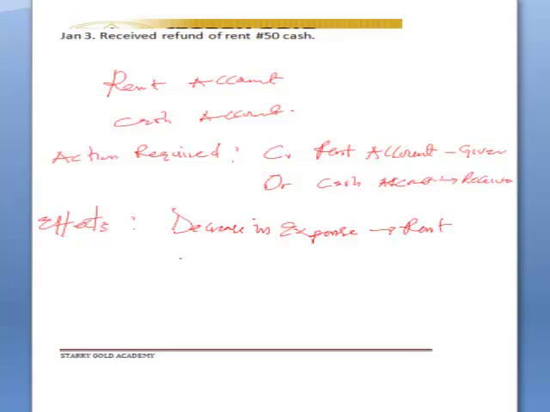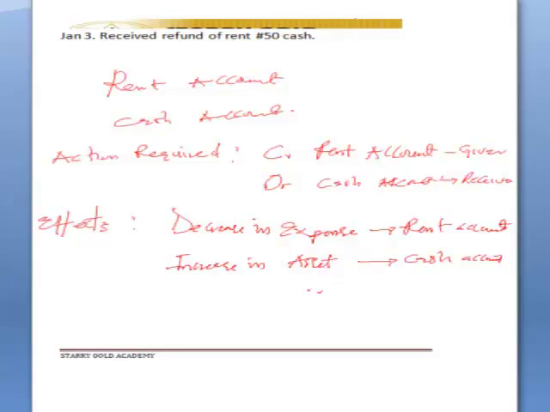Then there is an increase in assets, and that asset here is the cash account. So that will be the entry for January 3rd, received refund of rent.